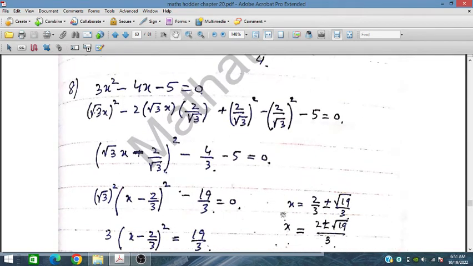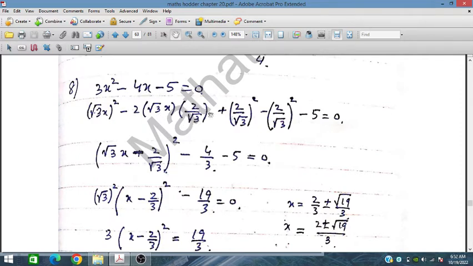So take this one, 3x square minus 4x minus 5. Under root 3 times x may be placed in this location, so this is under root 3 x whole square minus 2 times under root 3 x. To make this 4x, we may write 2 upon under root 3, and this under root 3 will cancel out that way.